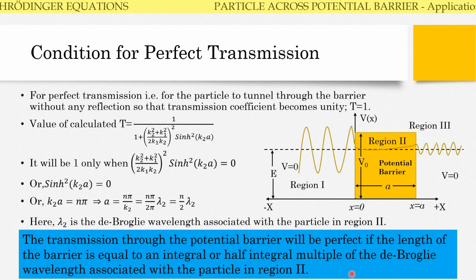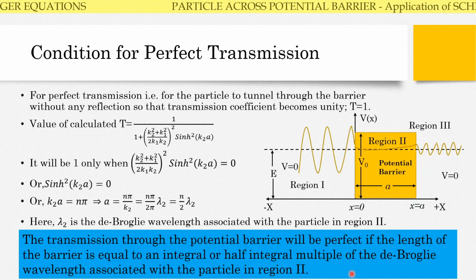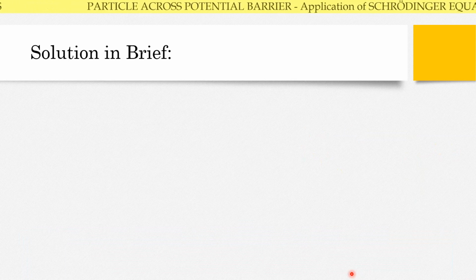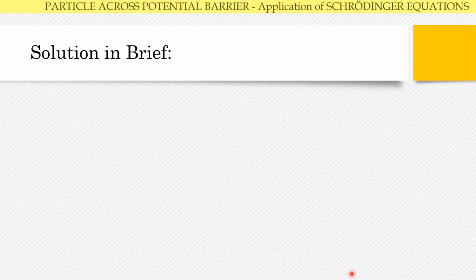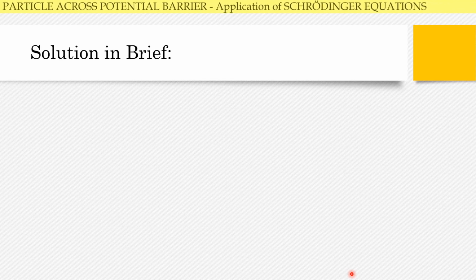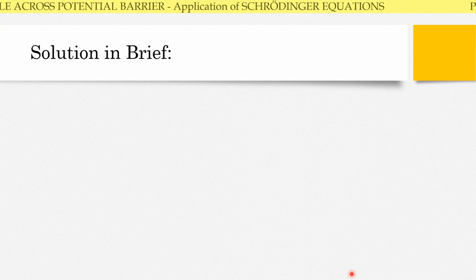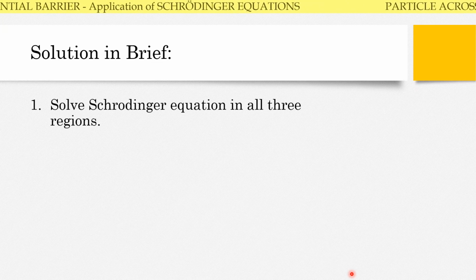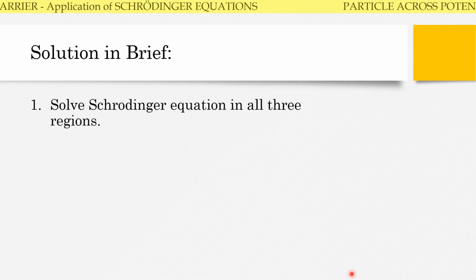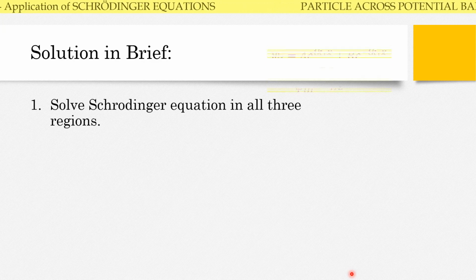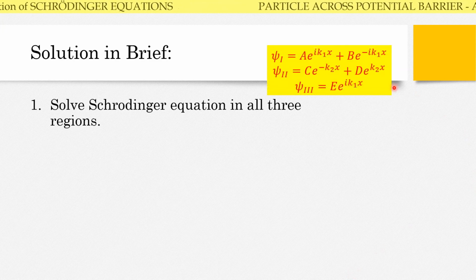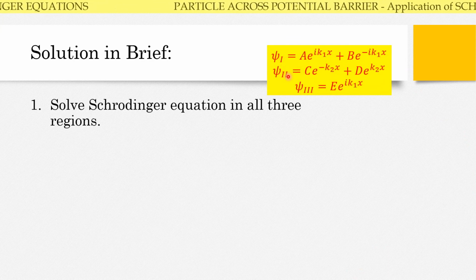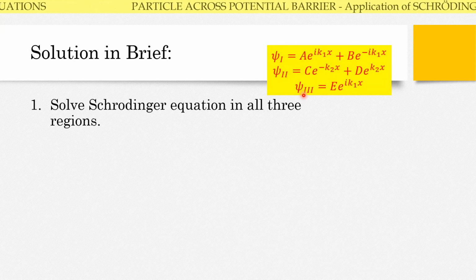So students, this was all about the solution of a particle across a potential barrier. And finally, I summarize the complete solution in 5 simple steps which we have performed in this lecture. First of all, we solved the Schrodinger equation for all the 3 regions and got these 3 equations as a result: psi1, psi2 and psi3, the wave function in region 1, in region 2 and in region 3.